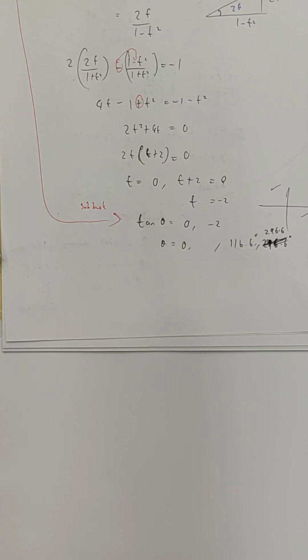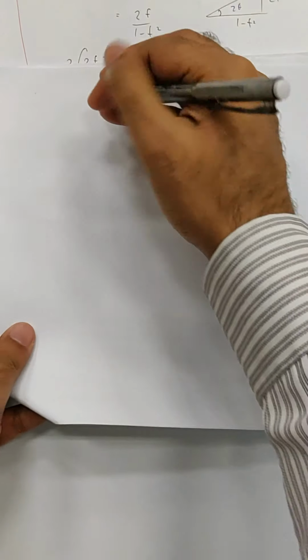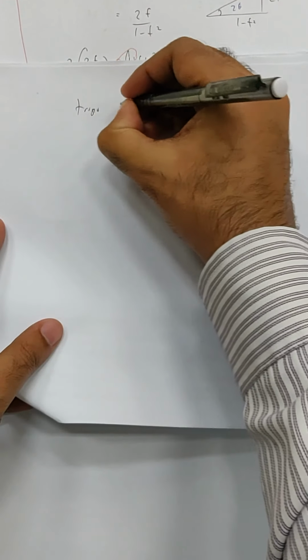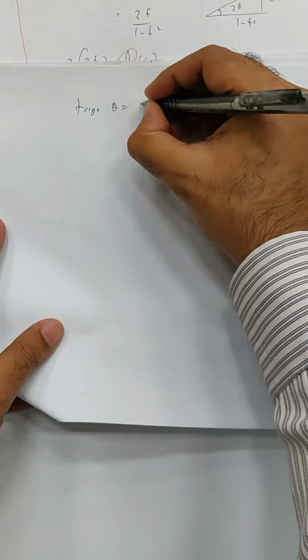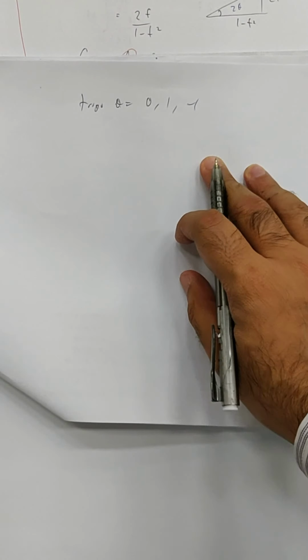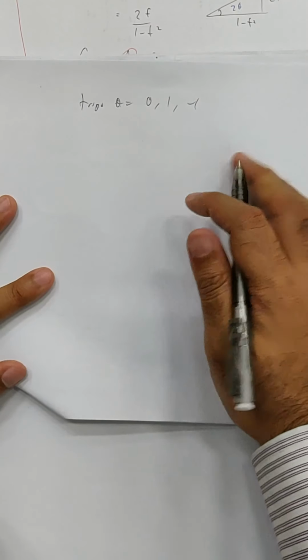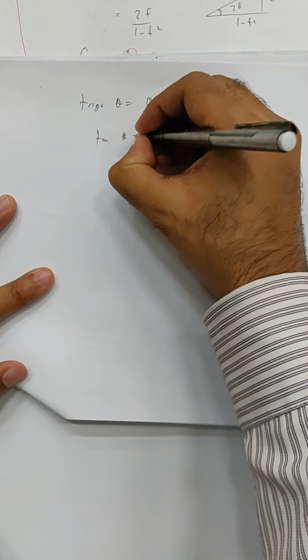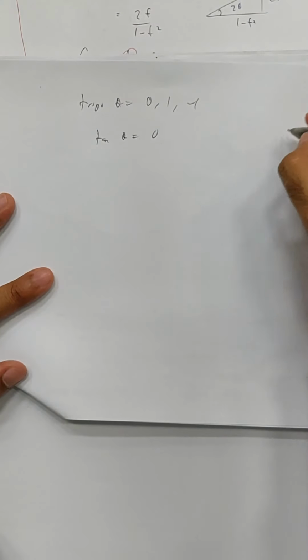Okay, in my class, I've taught you to be careful with trigo theta. You're going to find 0, 1, and -1. If you ever going to find this value, I highly recommend you use graph instead. So tangent theta equals to 0, it's best to use graph.